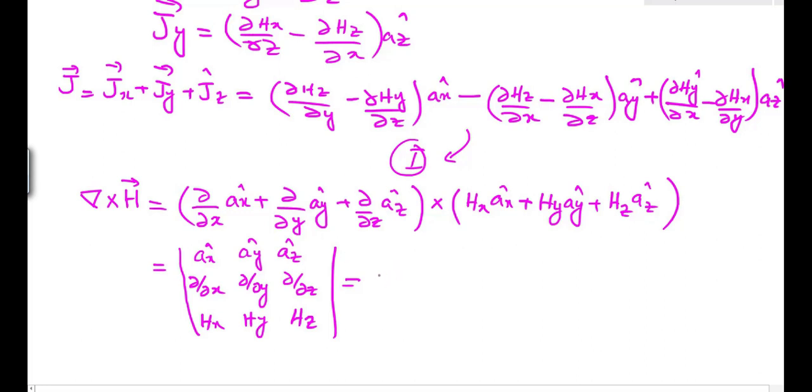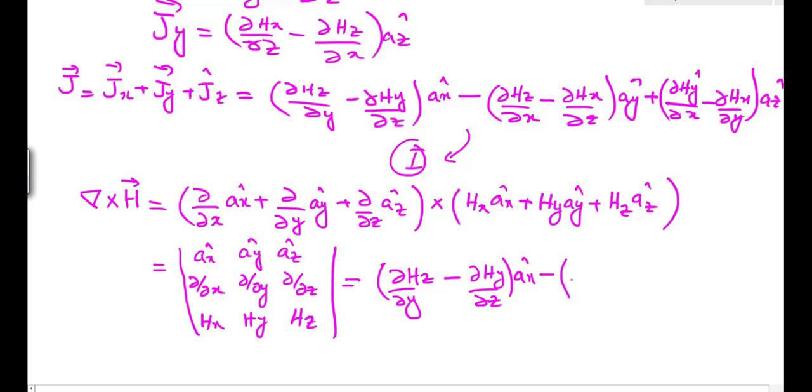If you open this determinant, what you will obtain is, first, partial by partial y of Hz minus partial Hy over partial z. This is along the x direction.